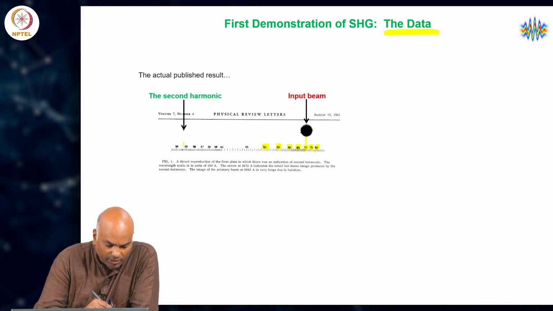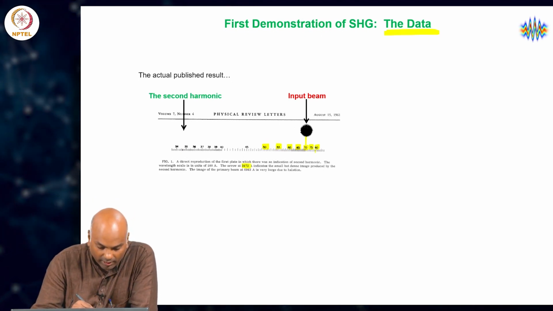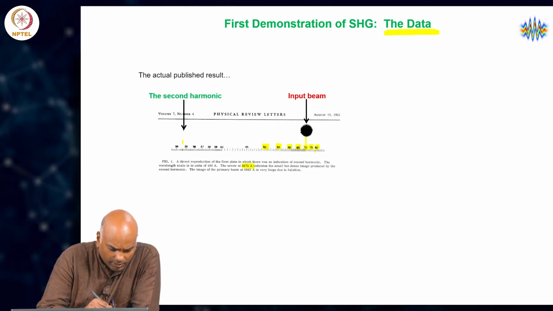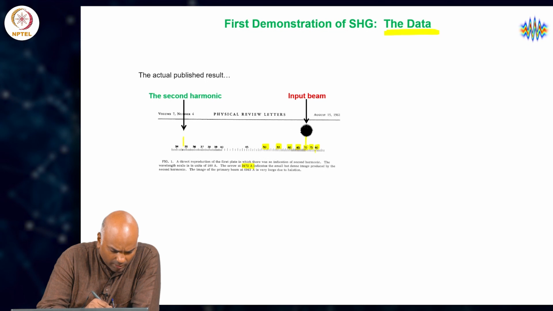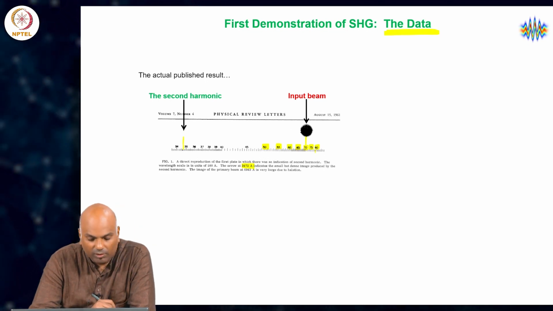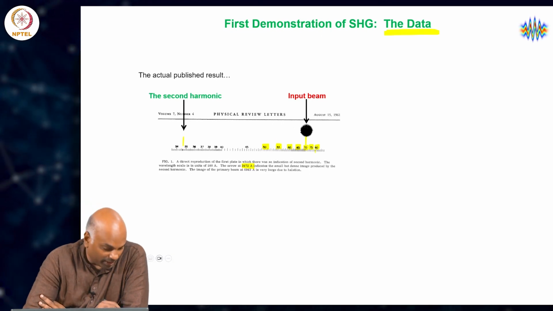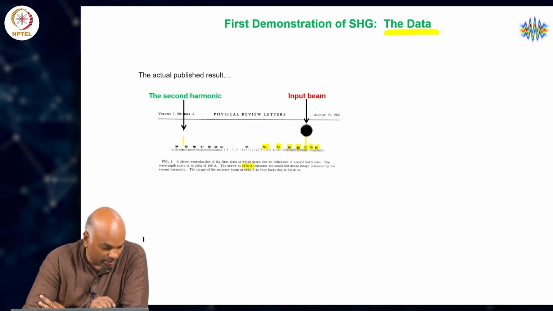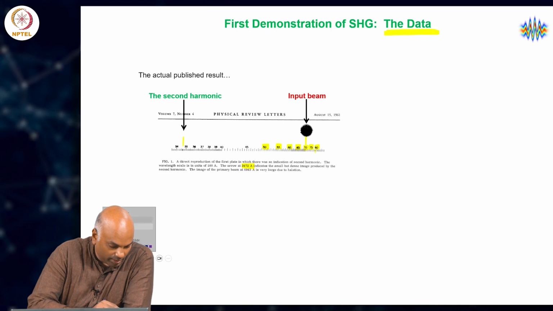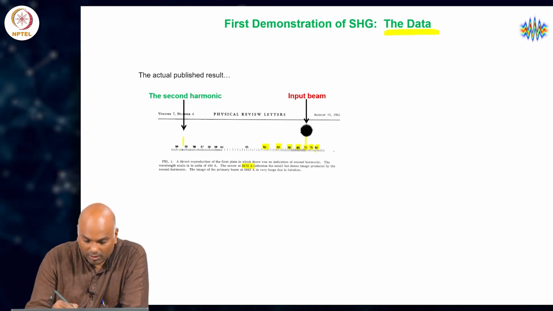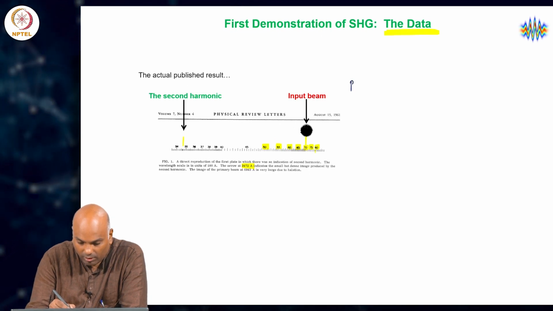So, one expects to see the second harmonic at 3472 angstroms, which is somewhere here where the arrow is marked at this position on the scale. Do you see? I mean, this experiment, by the way, I should mention this: the experiment used a photographic plate.